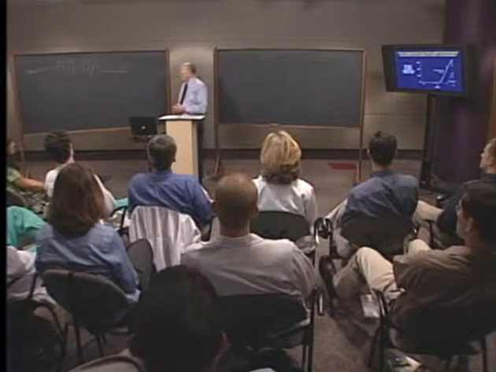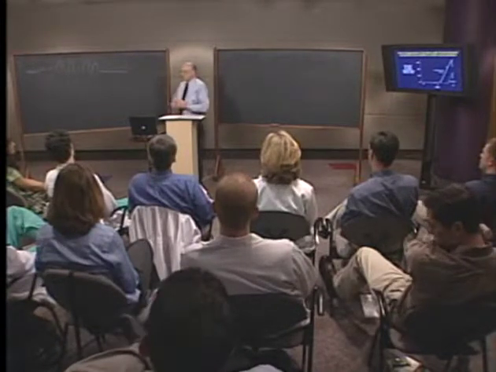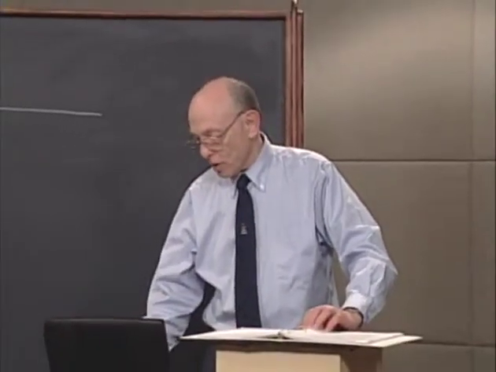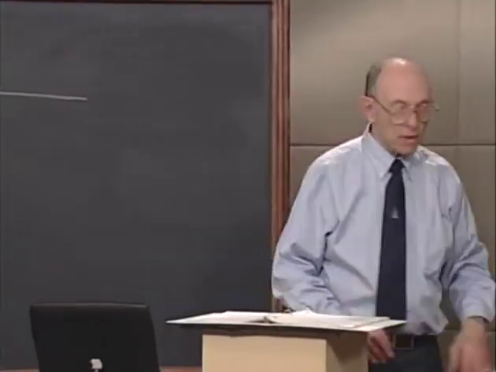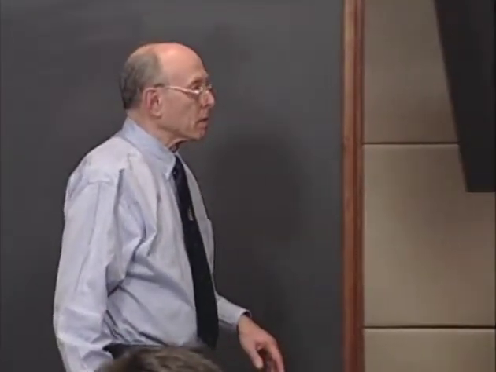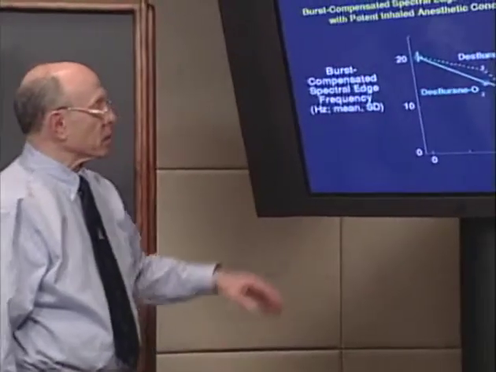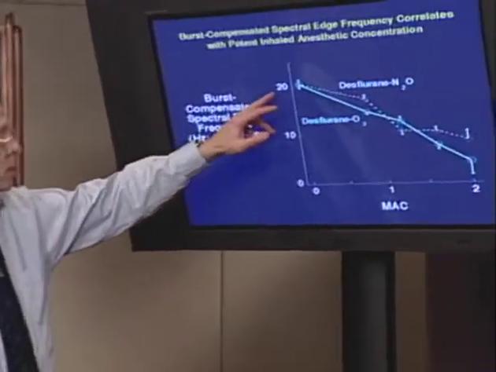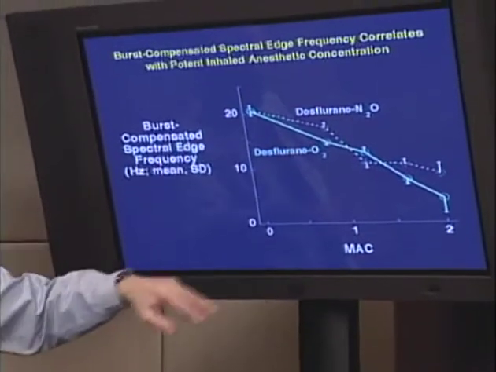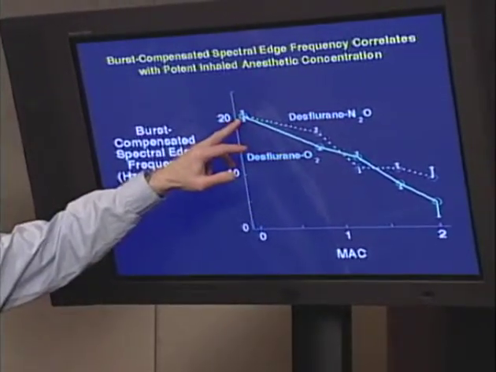In addition, we can look at the amount of energy that's in the EEG. The amount of energy in the EEG at certain frequencies can be looked at in terms of the spectral edge frequency. That is, we can look at the edge as the highest frequency at which we find activity, either 95% of the activity or 100% of the activity. So we'd say that the frequency, 20 cycles per second, is what we're going to find in the awake person.